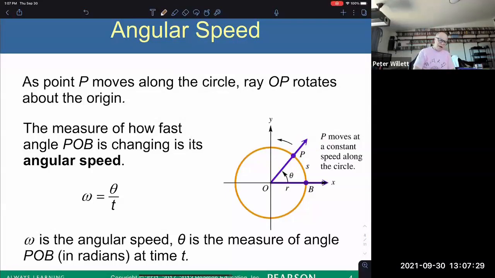The measure of how fast angle BOP, the angle from where the point started to where it advanced to, is changing is its angular speed. If we're still more comfortable with degrees, you could think about it as maybe I'm sweeping out an angle of 45 degrees every 10 minutes. That would be kind of slow, 45 degrees every 10 minutes.